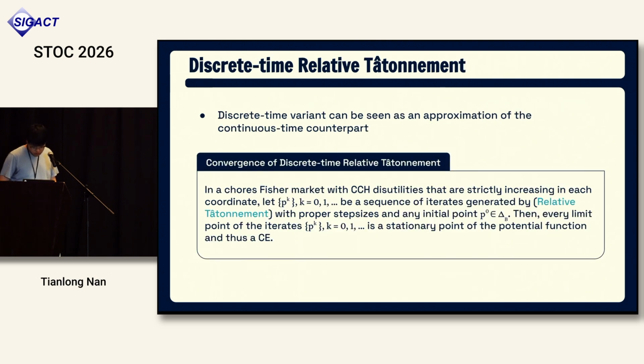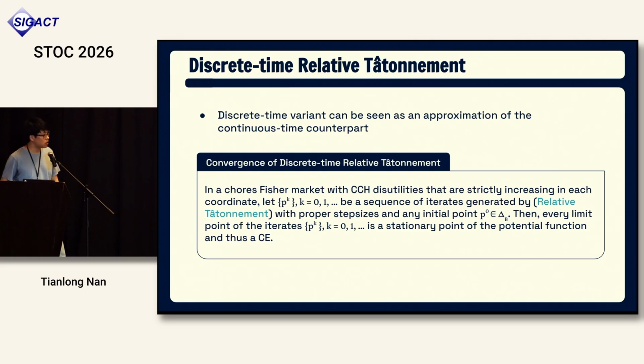By utilizing this tool, we prove the continuous version of the relative tâtonnement can converge pointwise to a stationary point of the potential function, which corresponds to the competitive equilibrium. The next step: the discrete-time variant can be seen as an approximation of the continuous-time counterpart.